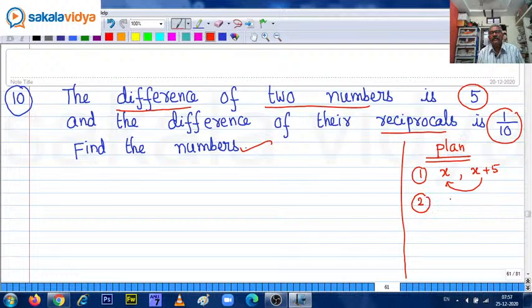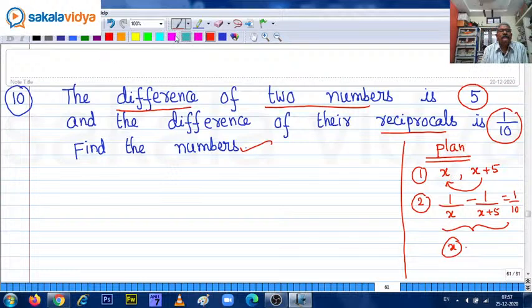The difference of their reciprocals. So 1 by x, the bigger reciprocal, minus 1 by x plus 5 equals 1 upon 10. After simplification you get a quadratic equation. You get the x value. Substitute the x value in x plus 5. x and x plus 5 are the required numbers. Okay, let us solve it now.